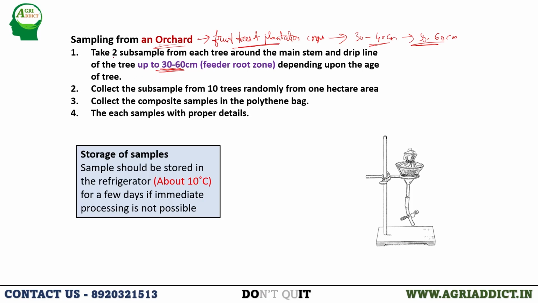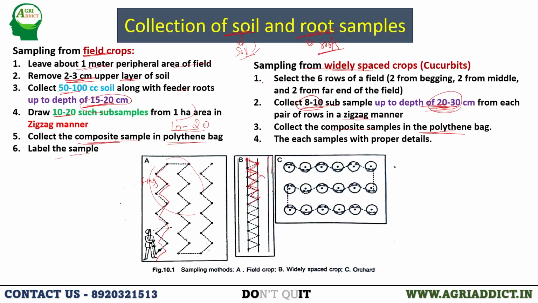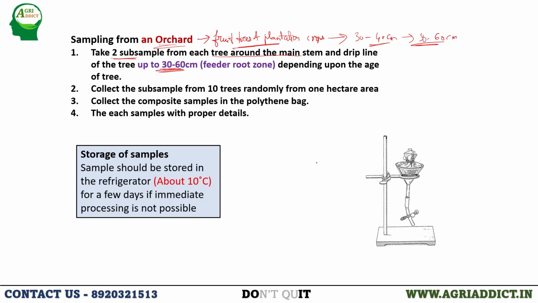And here you will be taking 2 subsamples from each tree around the main stem. You can see in the picture. These are the trees. Around each tree, you will be collecting 2 subsamples at a depth of 30 to 60 centimeter. And collect subsamples from 10 trees randomly from 1 hectare area.